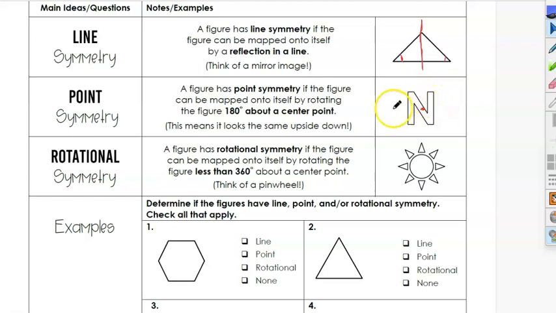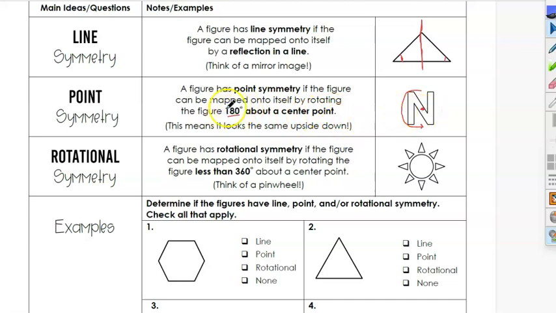Obviously, any shape is going to end up back in its original position if we turn it a full 360. So for point symmetry, what we want to know is, what if we turn it 180 degrees? Okay, if we just go half a turn, do we end up with this same original figure? And if the answer is yes, then we've got point symmetry.